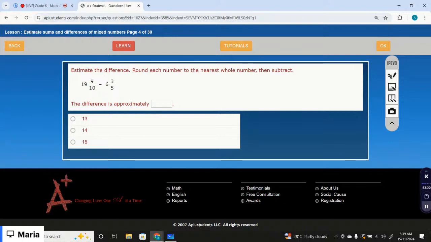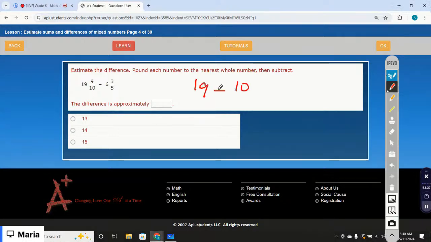The correct option is 13. 9 by 10 is more than half, so it would be rounded off to 20. 3 by 5 is more than half, so it would be rounded off to 7. And 20 minus 7 is 13. Option number 1 is the correct option.